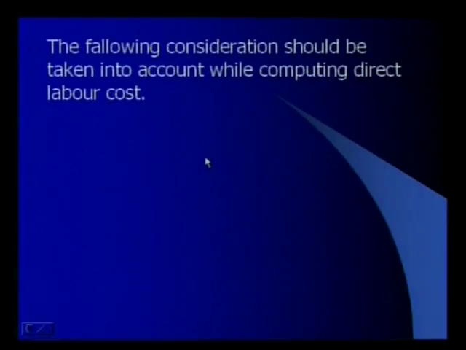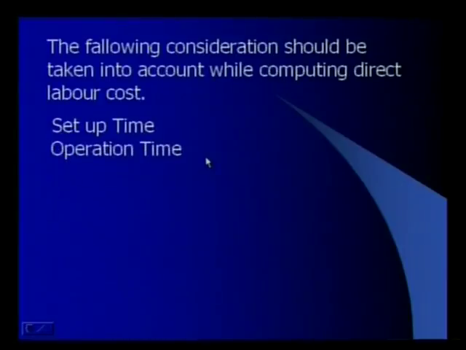Okay. Next, we will see certain considerations which are taken into account in the calculation of direct labor cost. In the calculation of direct labor cost, we have to consider several factors. One is setup time, that is we have to load and unload the work and tool on a particular machine on which machining is done.